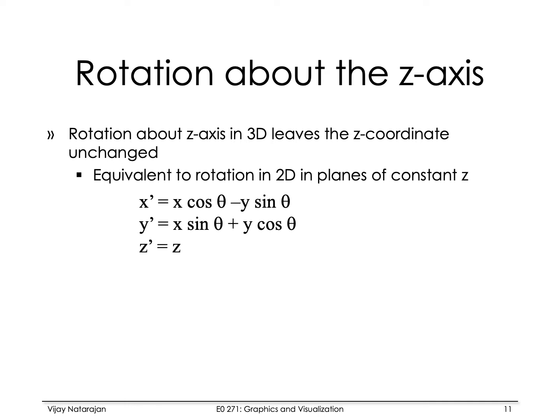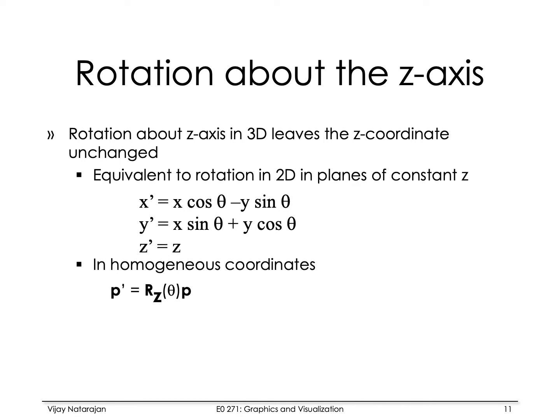The same works when we rotate about the z-axis. So when I rotate a point x comma y with respect to the z-axis, x prime and y prime are written in the same way as before. z prime is essentially the same as z.